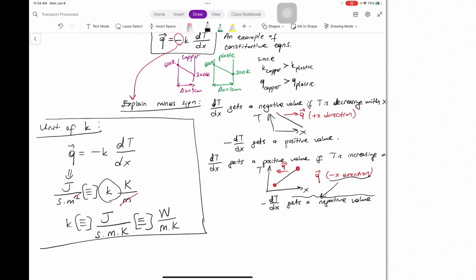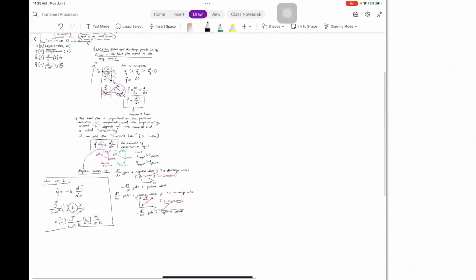So one last thing I would like to do is go back to our original system to find the temperature profile for steady state conditions.